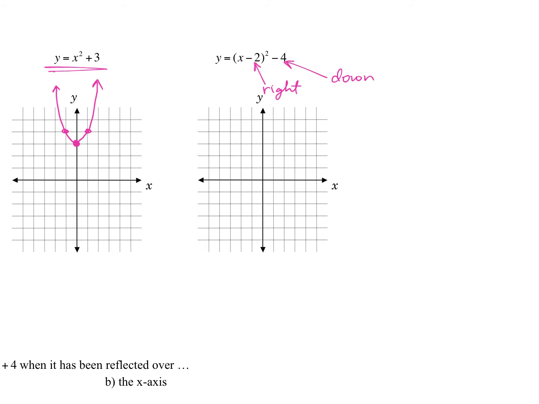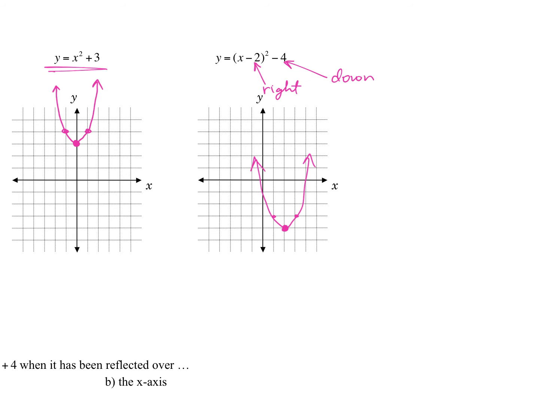When it's outside of the parentheses, it's up and down. When it's inside the parentheses, it's left and right. So right 2, 1, 2, down 4, 1, 2, 3, 4 is going to put us here. Up 1 over 1 gives you your curve, just like that. Any questions on that?